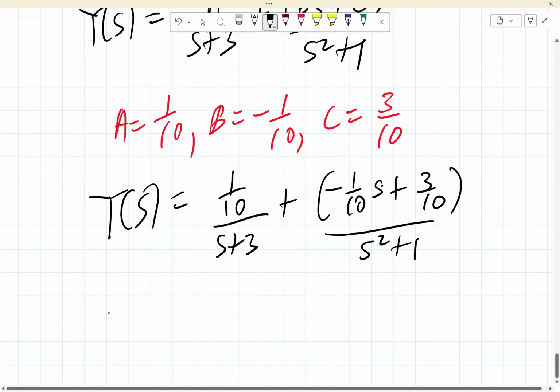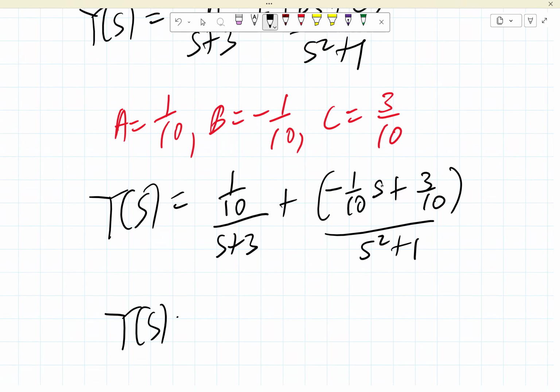So if we tidy all of this up, we have y of s equals 1 over 10 into s. Or better still, I think it's better to isolate.